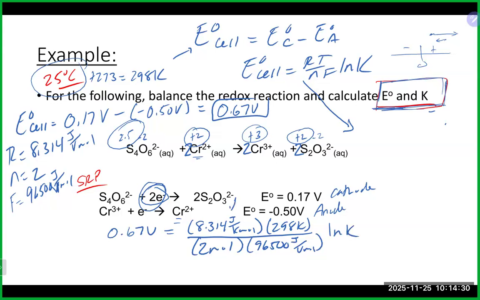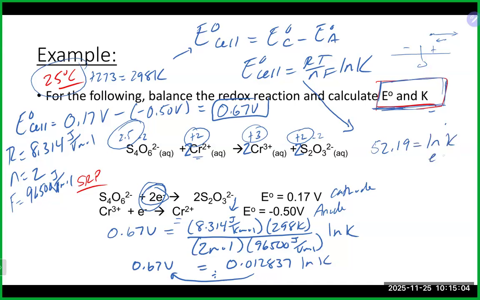I'm going to clean up this side and see what we got. 8.314 times 298 divided by 2 divided by 96,500 gets us 0.012837 equals 0.67 volts, natural log of K. Obviously, we're going to divide that to the other side, so 0.67 divided by that gets us 52.19 equals the natural log of K. Going to e both sides, that's going to get rid of the natural log.